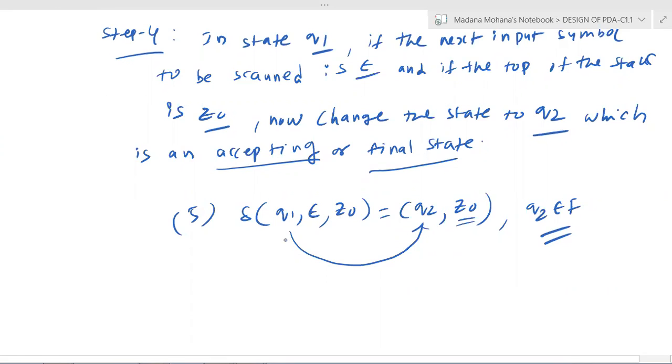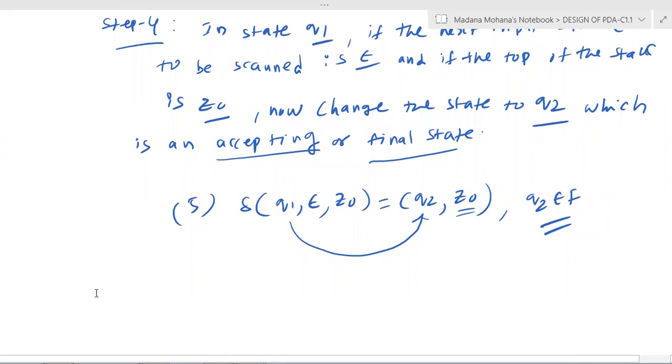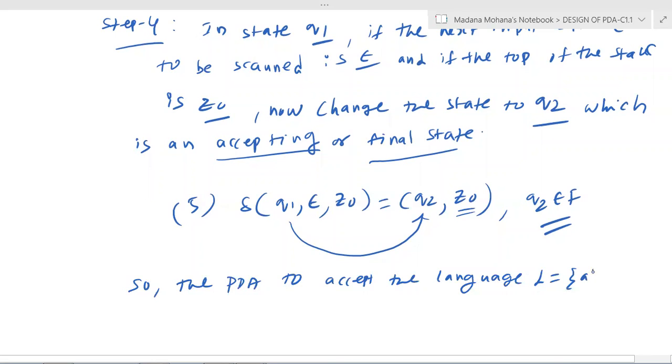Now finally, write the final PDA by seeing all these transitions. So the PDA to accept the language, and what is the language? The language L equal to A power n, B power n, such that n greater than or equal to 1, along with the transition diagram, is given below.